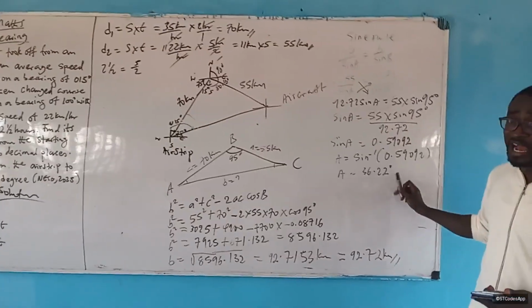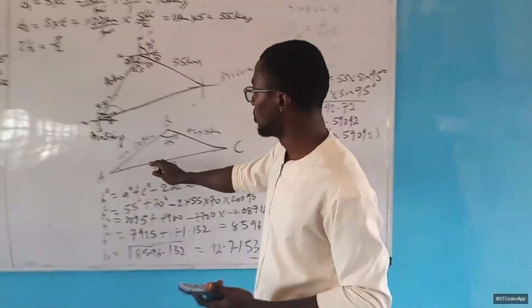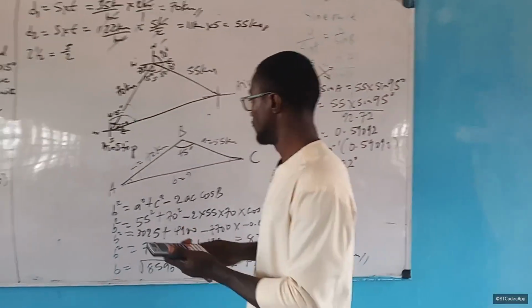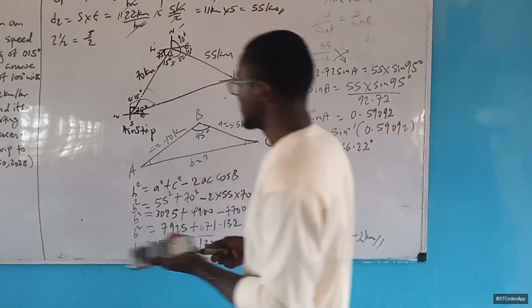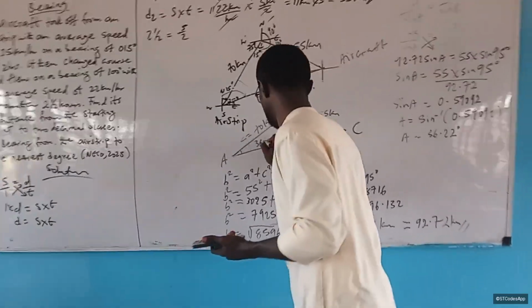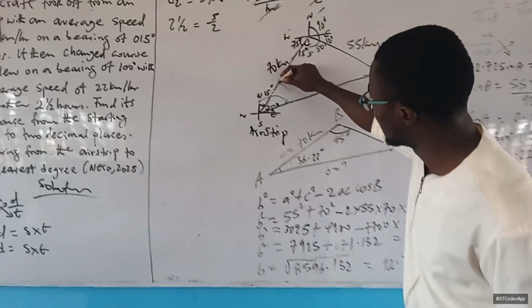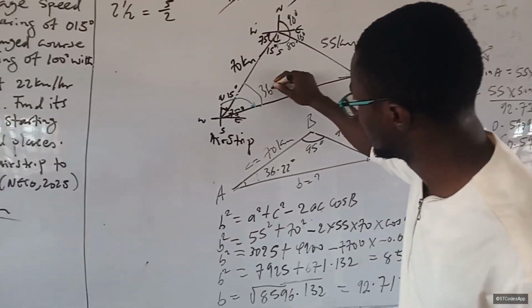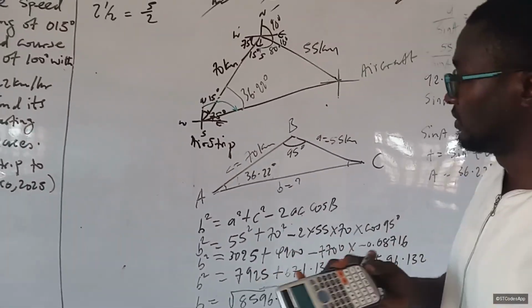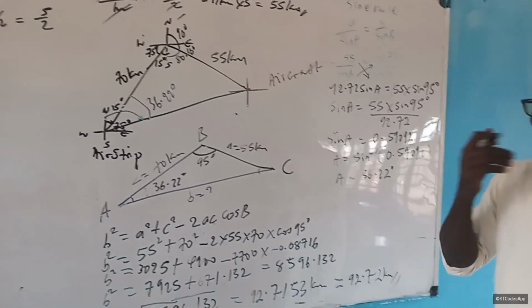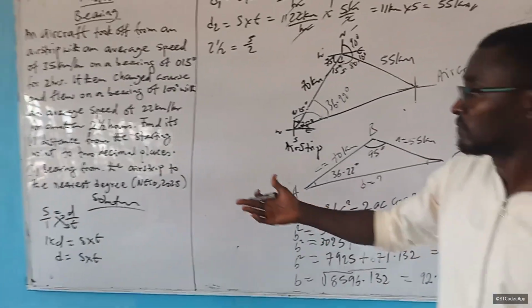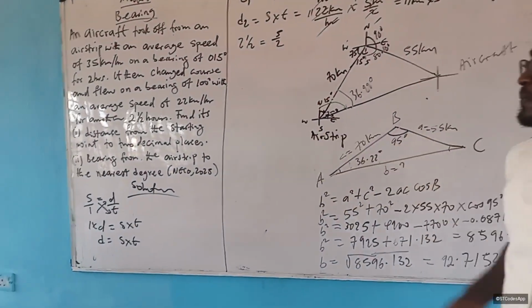The value we have here now is the angle right inside this triangle. So the angle inside it is 36.22 degrees. That means inside here now is 36.22 degrees. So now the question says the bearing from the airstrip.